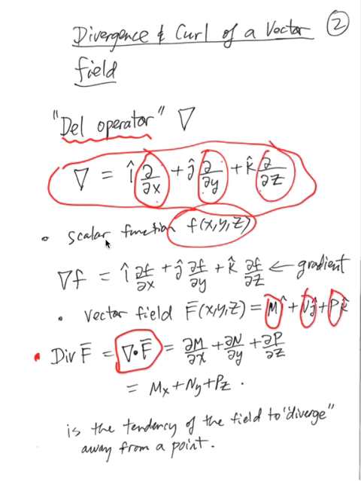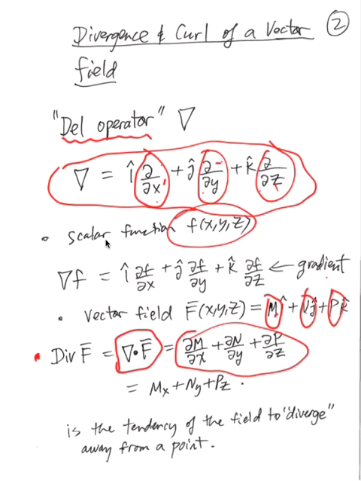Remember, when you take a dot product, it's like multiplying the corresponding components and adding them up, but you're not really multiplying. You're actually having this operating on that. So anyways, you end up with this, and here with our subscript notation, that would be m sub x plus n sub y plus p sub z.